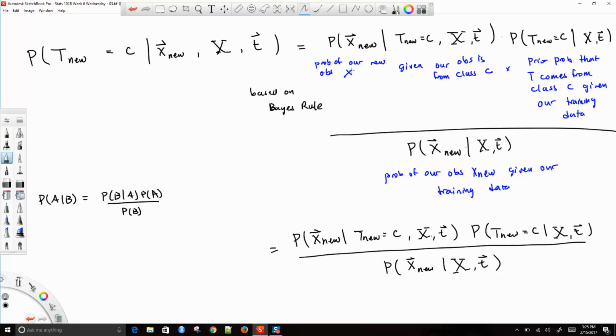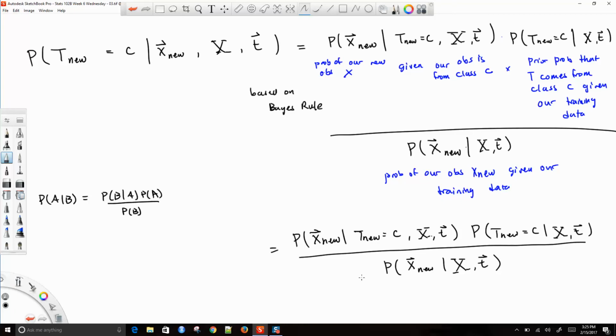It's the probability that if we have class C, what kind of observations x will we get? So what kind of observations does class C produce, okay? And then we multiply that by the prior probability that we even get class C to begin with, okay? And then we divide that by the probability of all possible x new that we could get based on our training data. I don't know if that makes sense.